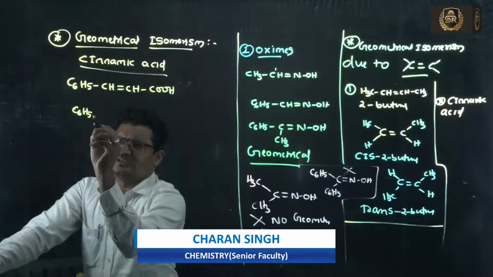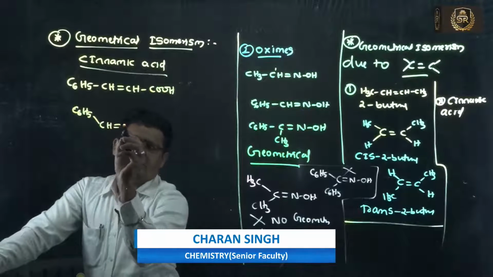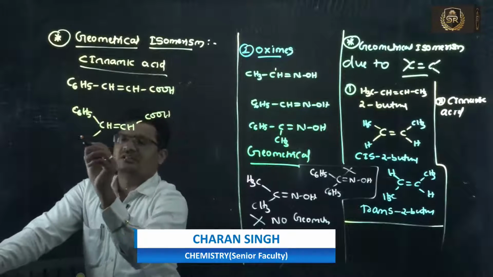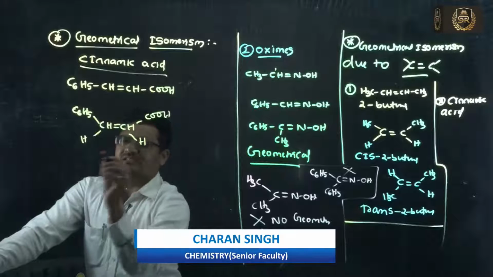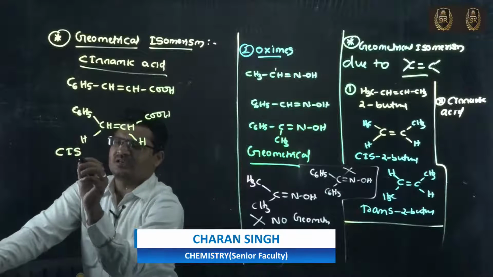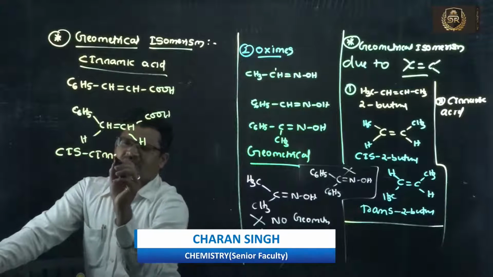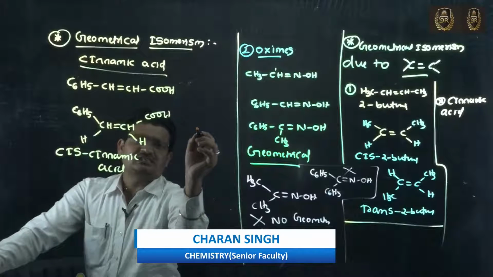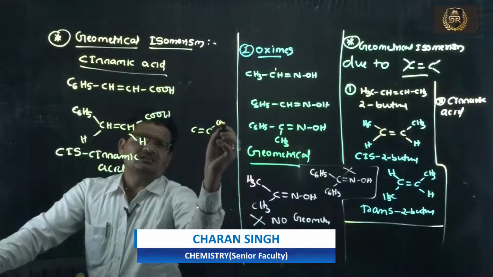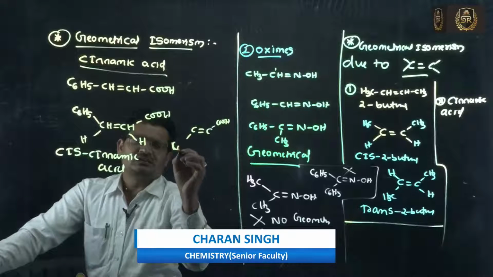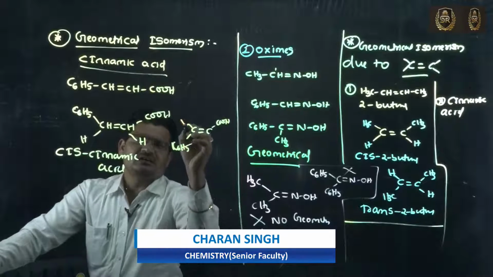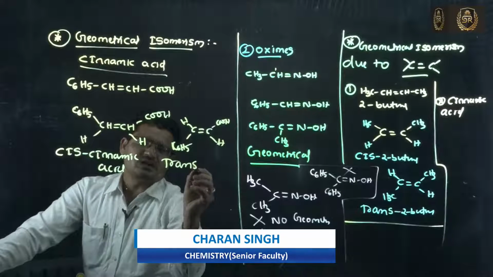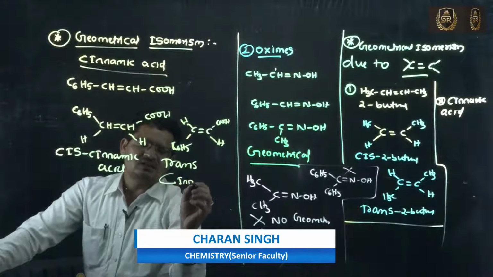C6H5, CH double bond CH, COOH, with H on this side; this is cis-cinnamic acid. What is trans? C double bond C, COOH, then C6H5, H and H. This is trans-cinnamic acid.